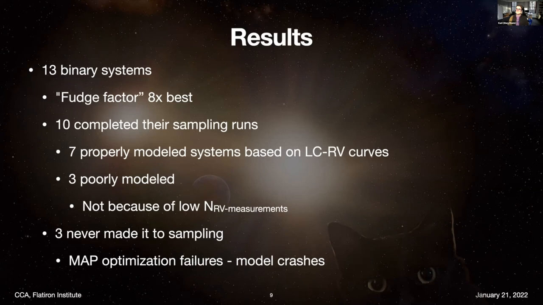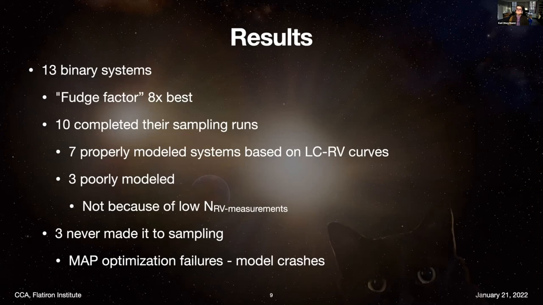This kind of indicates that the isochrones package may be a little bit biased, and later on we may actually use it to calibrate the isochrones model better. But we have 10 completed model runs for our 13 systems. 7 end up having really good models based on the light curve and radial velocity curves. 3 of them were very poorly modeled, and this isn't because of a low number of RV measurements.